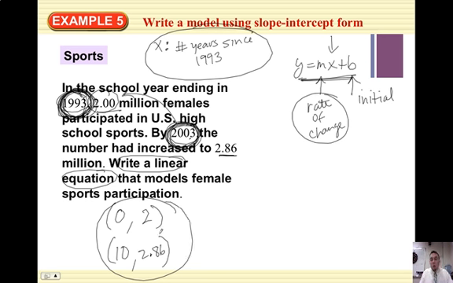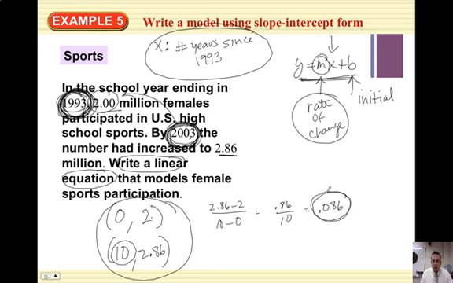Okay, you got two coordinates. What can you do with two coordinates? You can find your m. So y2 minus y1, 2.86 minus 2, and then 10 minus 0. So this becomes 0.86 divided by 10, which is equal to 0.086.